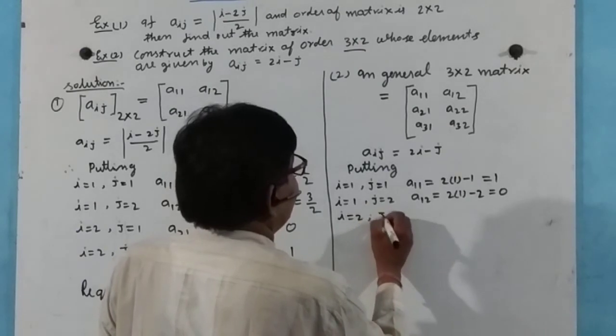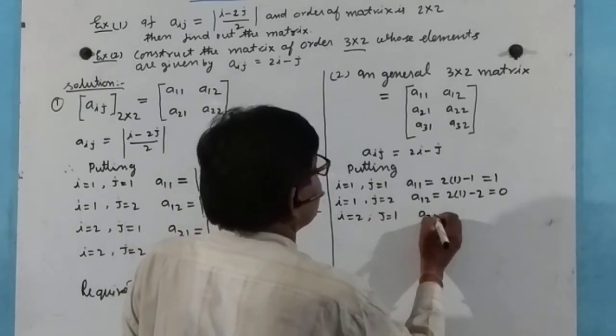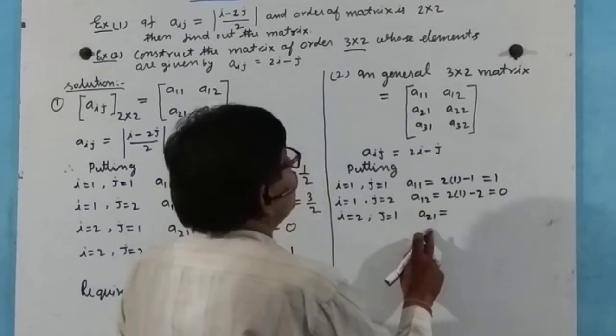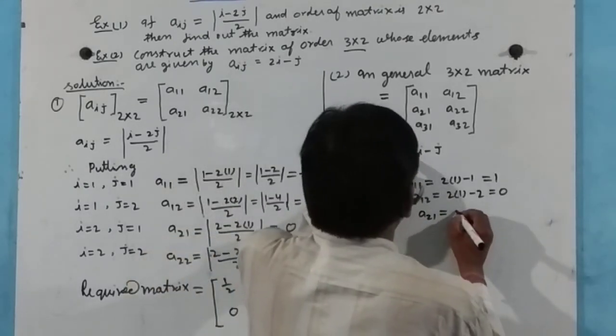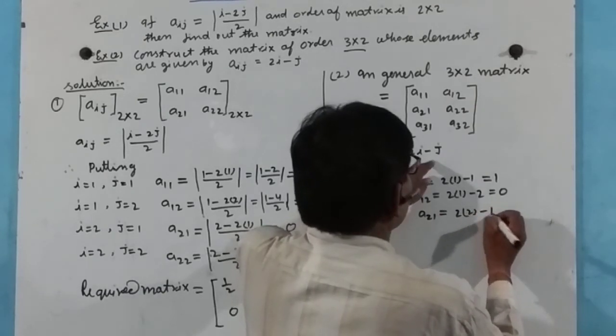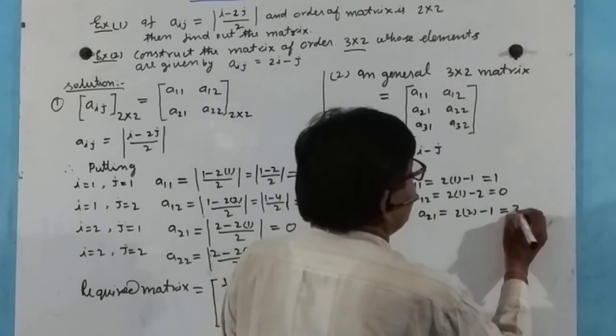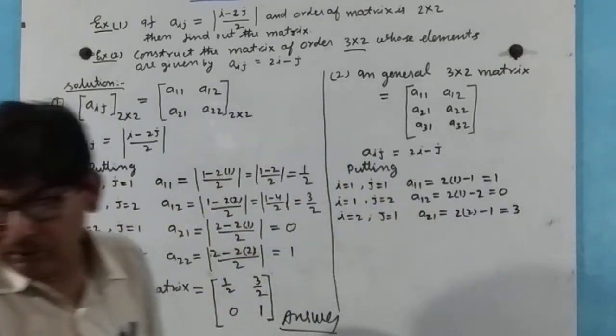I equal to 2 and j equal to 1, A21 equals 2 into 2 minus 1, that is 4 minus 1 equal to 3.